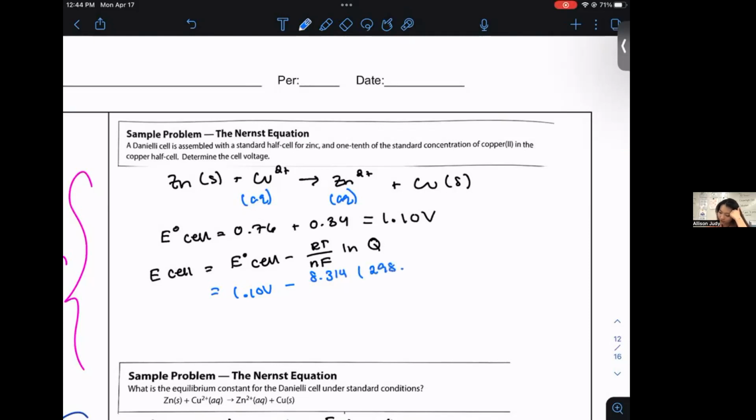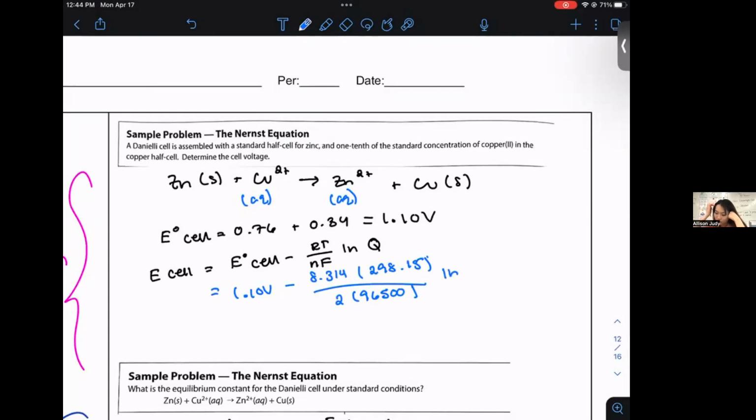Because it's under standard conditions, 298.15. Times the 2 moles of electrons being transferred between them, times Faraday's constant 96,500. The AP equation sheet gives you a more specific number. Use whatever the equation sheet gives you for the problems. And then ln of Q.